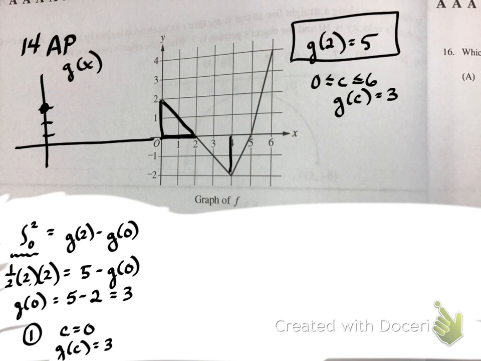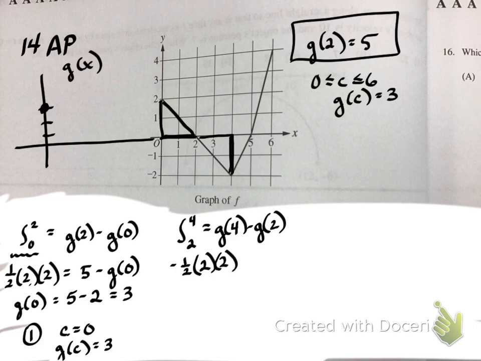So how about we just look at this area right here? That'd be the area from 2 to 4, which would be g of 4 minus g of 2. And this area formula will be the triangle also, except it's negative because it's below the axis. Negative 1/2 base times height. G of 4 we don't know, but again we know g of 2 is 5.